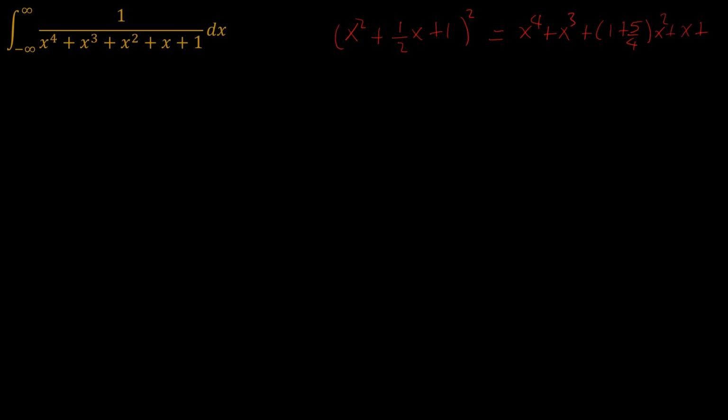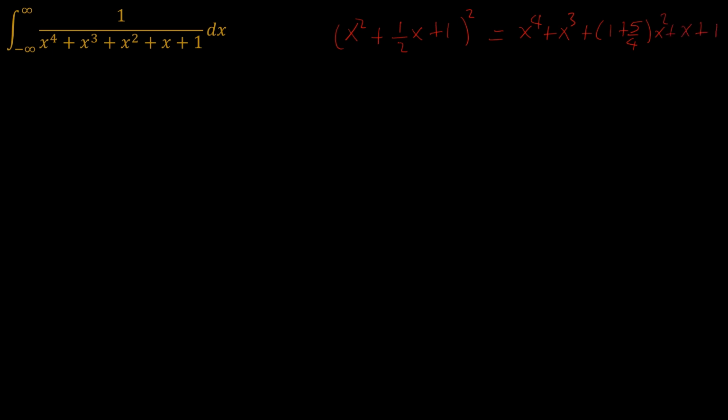Looking at x to the power 4 plus x cubed plus x squared plus x plus 1, the first thing I would like to do is, if you have (x squared plus a half x plus 1) squared, this is the same as x to the power 4 plus x cubed plus 1 plus 5 over 4 x squared plus x plus 1.